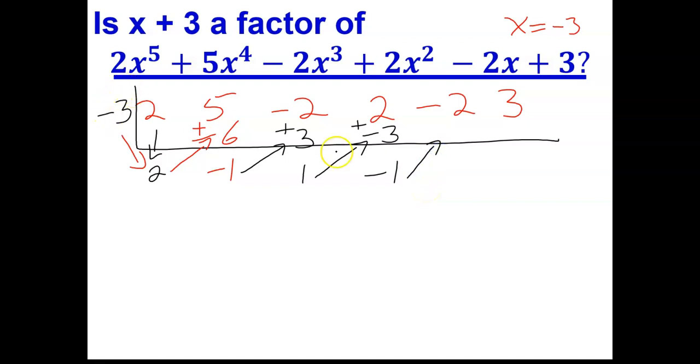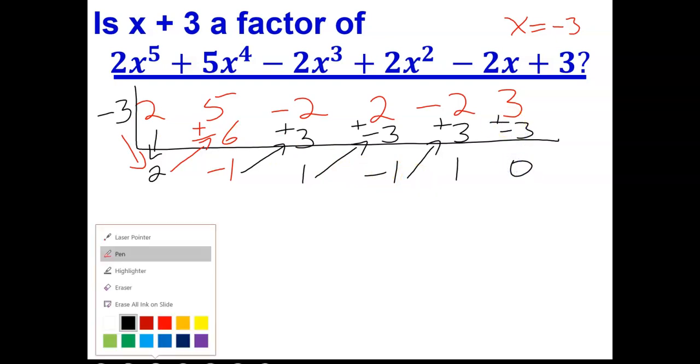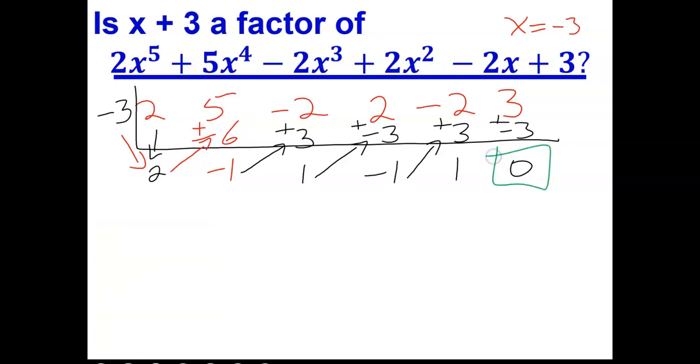And negative 3 times negative 1 is positive 3. We add, we get 1. And then negative 3 times 1 is negative 3. We add, we get 0. So since we get 0 as our remainder, then x plus 3 is a factor.